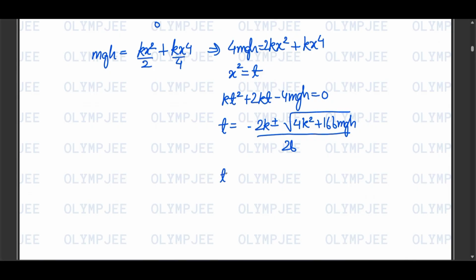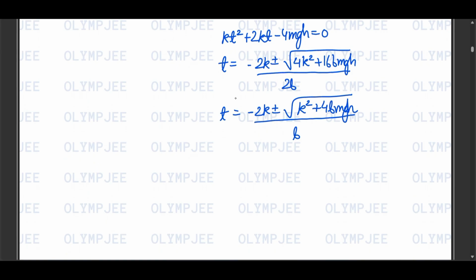So t will be equal to minus 2k plus minus the square root of k square plus 4mgh, by k. Sorry, this 2 will get cancelled. So from here we have gotten the value of x square.